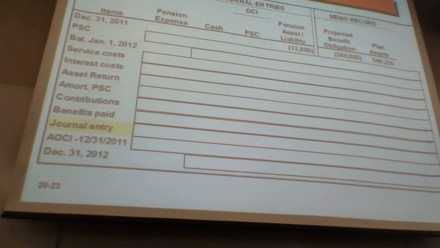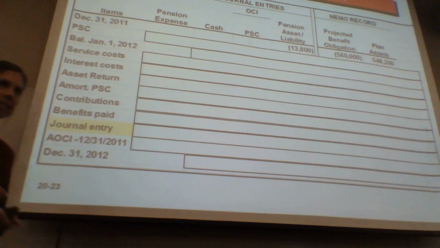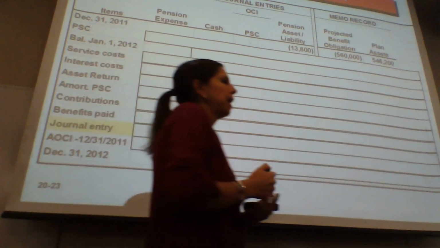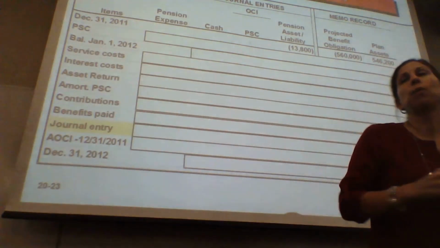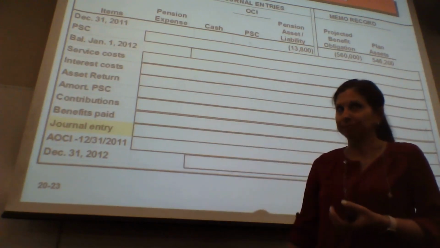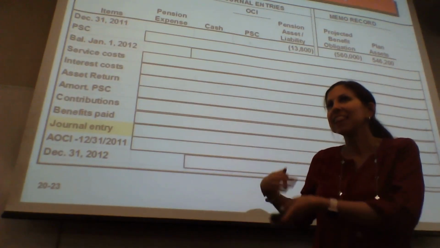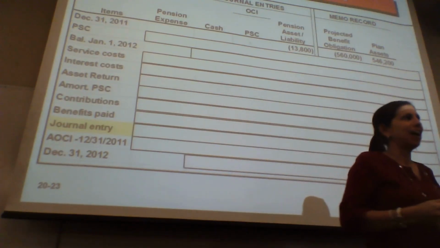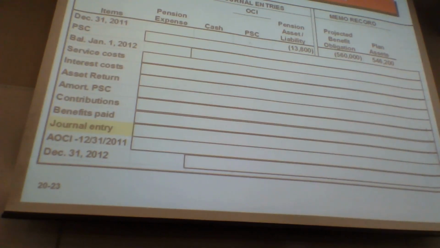Okay. The next line, they've labeled PSC for prior service cost. And this relates to which number? Which number here? Service cost. The 120,000. Amortization.